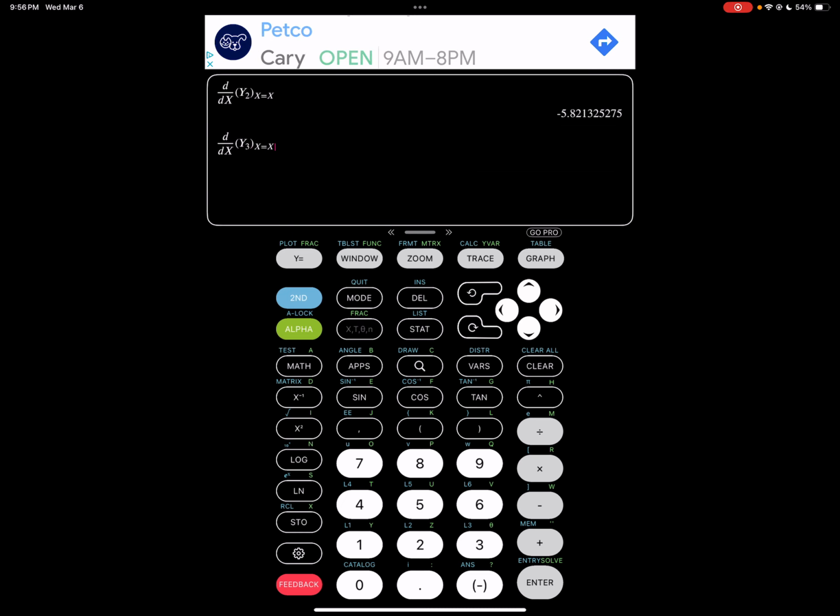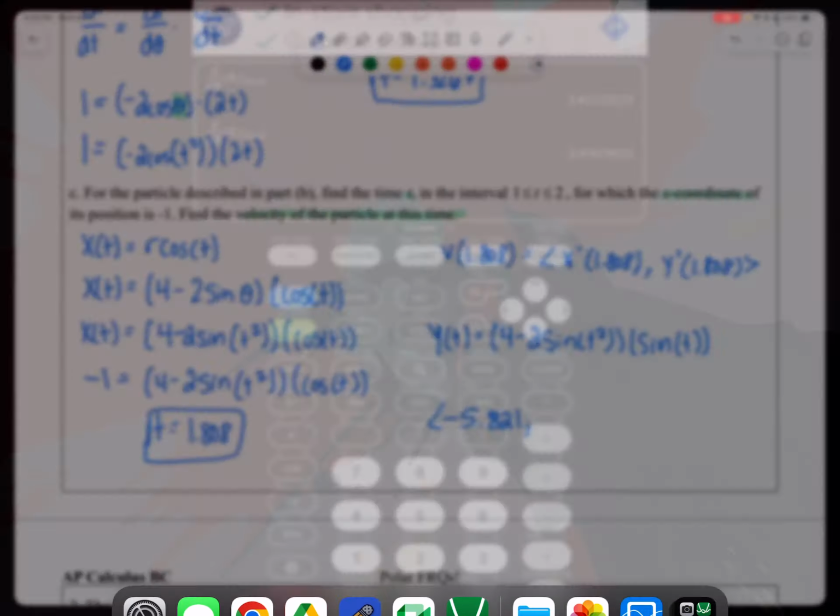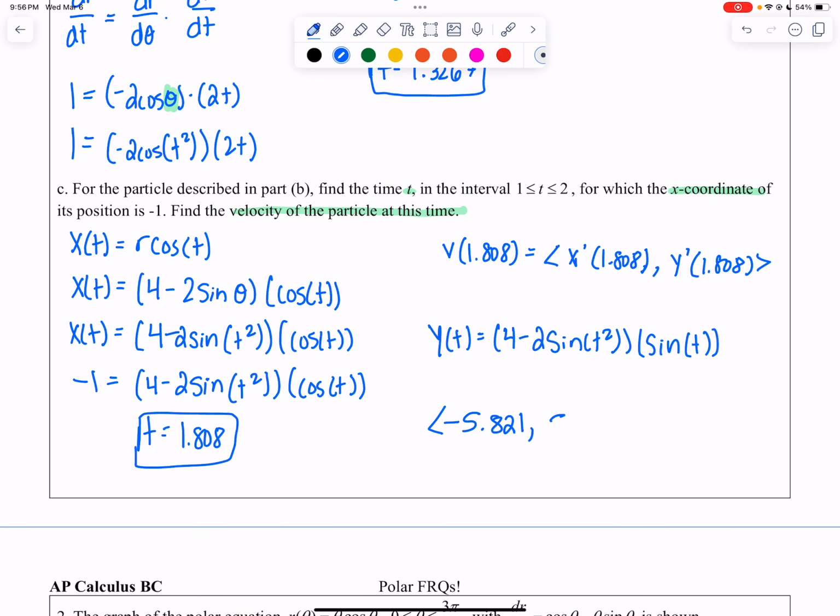And I'm going to do that, and that's going to give us 5.979. And that right there gives us my velocity at 1.808 when my position is -1. All right, so that is number 1.